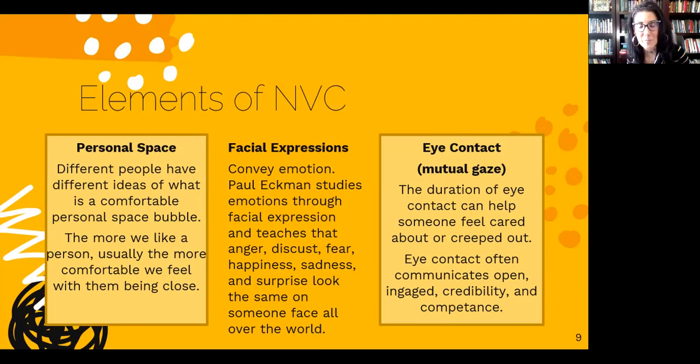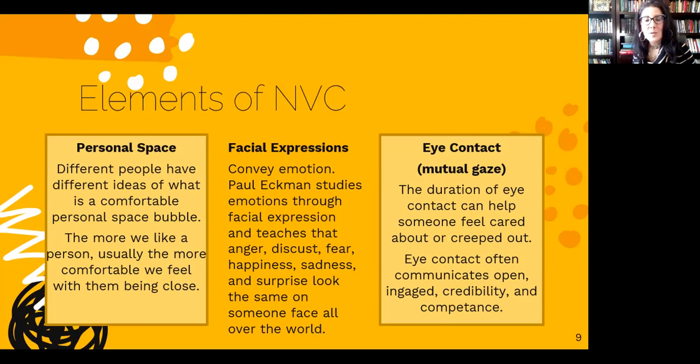If we get consistent feedback that we have a tendency to stare and it feels intense for others, then it's something to look at. We could change it and help other people feel more comfortable when we're in conversation. But eye contact also can communicate openness, a sense of being engaged, credibility and competence.